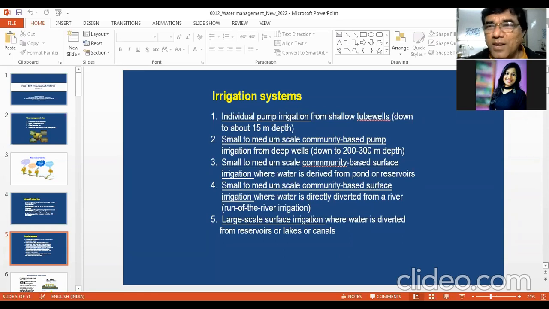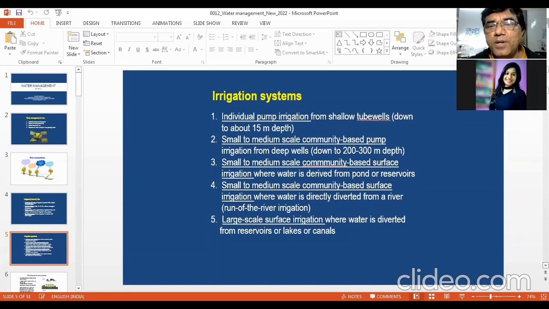We call them Sarkari tube well irrigation. And here you have deep wells also, down to 200 to 300 meters. So these are small to medium scale community-based pump irrigation systems. Then small to medium scale community-based surface irrigation, where water is derived from ponds or reservoirs.